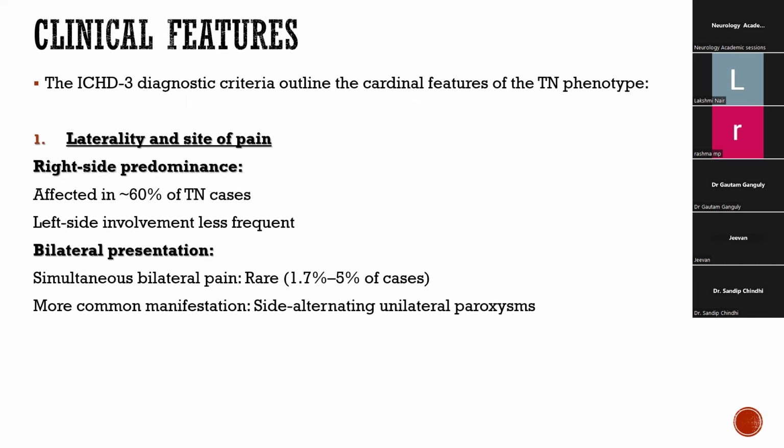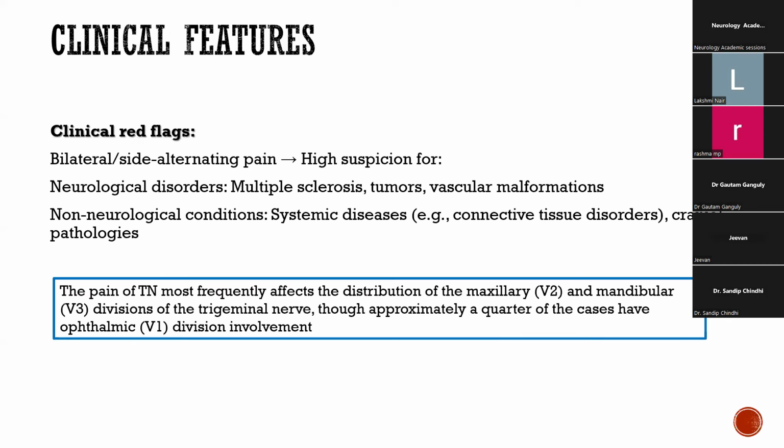So now coming to the cardinal features of trigeminal neuralgia pain. First is laterality as well as the site of pain. Right-sided predominance is most commonly seen in trigeminal neuralgia, that is, the right side is affected in almost 60% of cases. Simultaneous bilateral pain is rare, and the more common manifestation is side-alternating unilateral paroxysms.